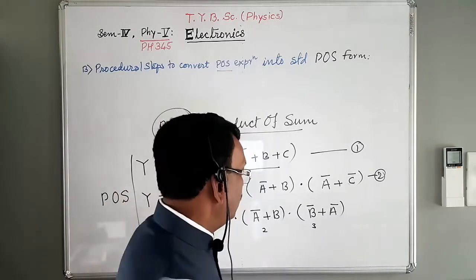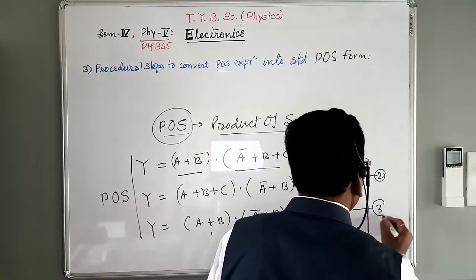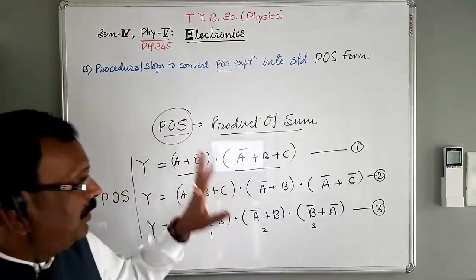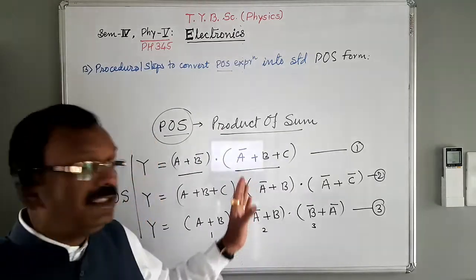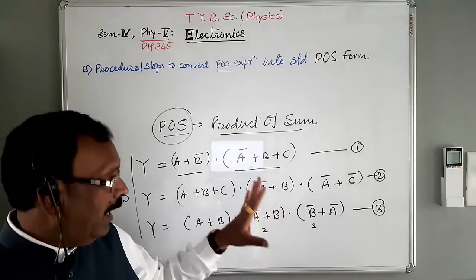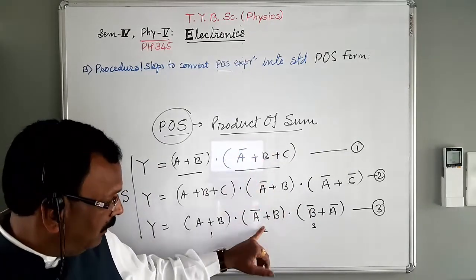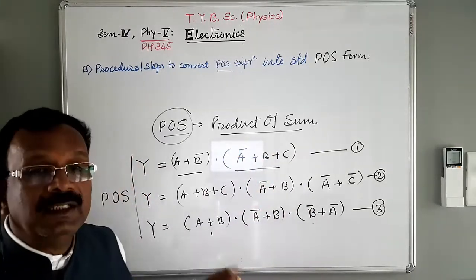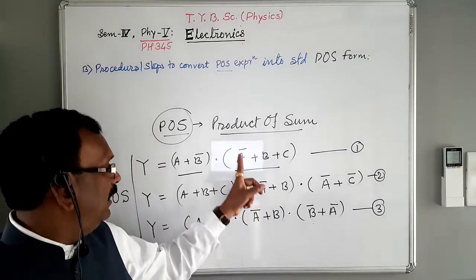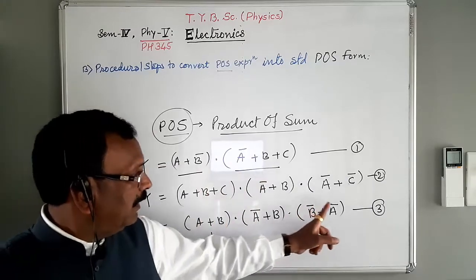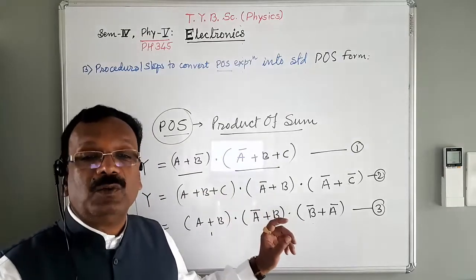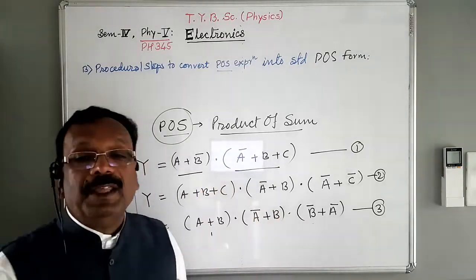Okay. See here, now when we observe these three equations, all of these equations are in POS form, and when we look at these three equations, it is found that there is only a single bar over a variable.